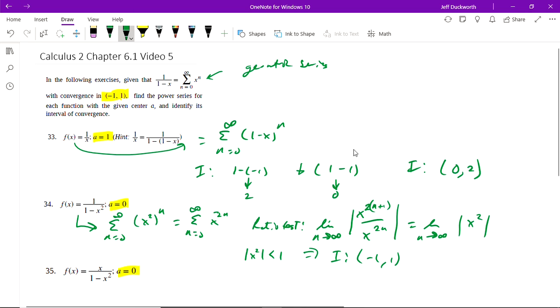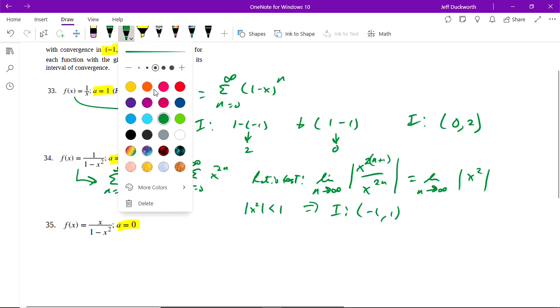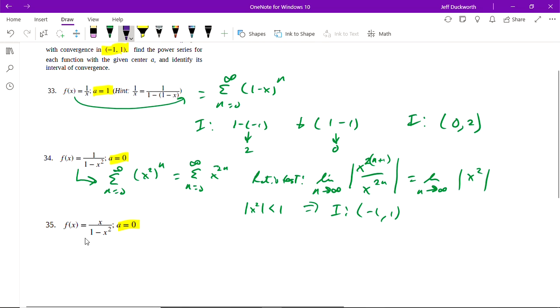All right, let's take a look at this last one here, number 35. All right, so this equals, so we have an equal to there as well. That equals the sum, the same thing as we had before, only we've got an x here as well.